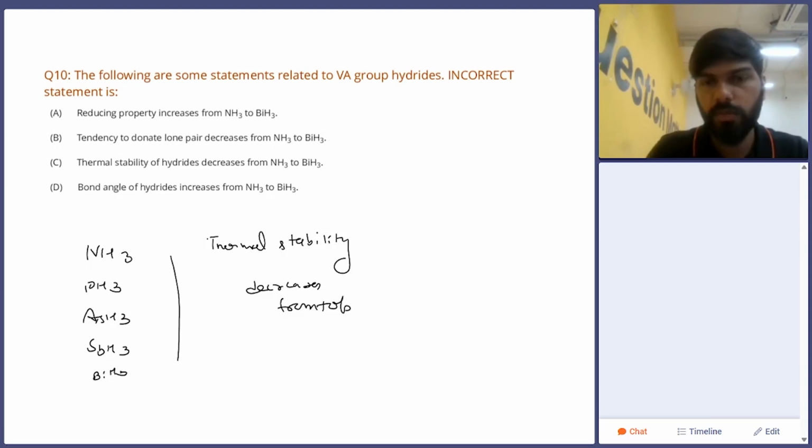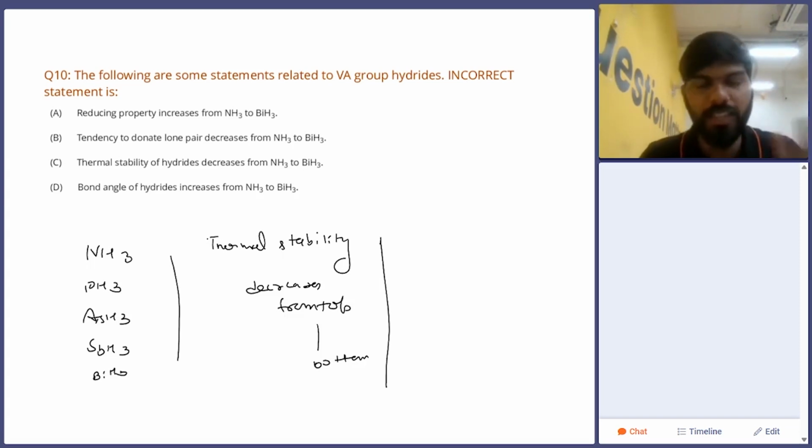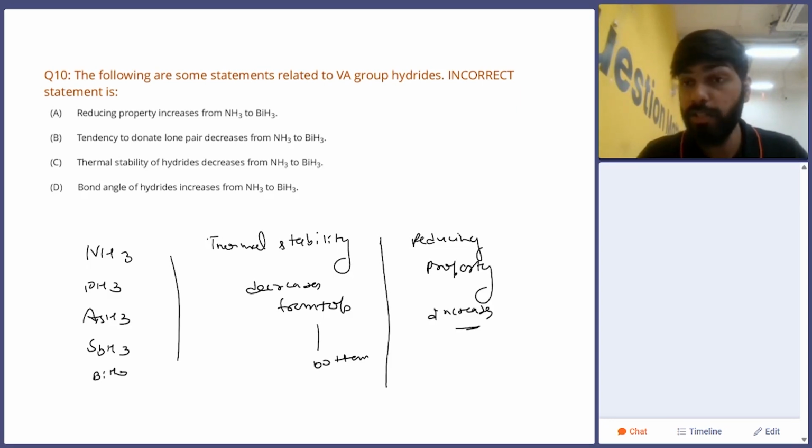One condition is clear. So thermal stability of the hydride decreases. This means it is correct. Okay. Now, reducing property means releasing of H ion. Reducing property increases because size increases and hydrogen is very small, so it will be removed very quickly from top to bottom. So A is also correct.